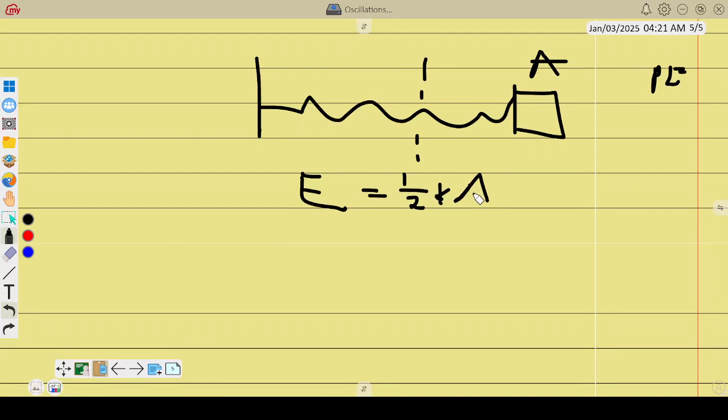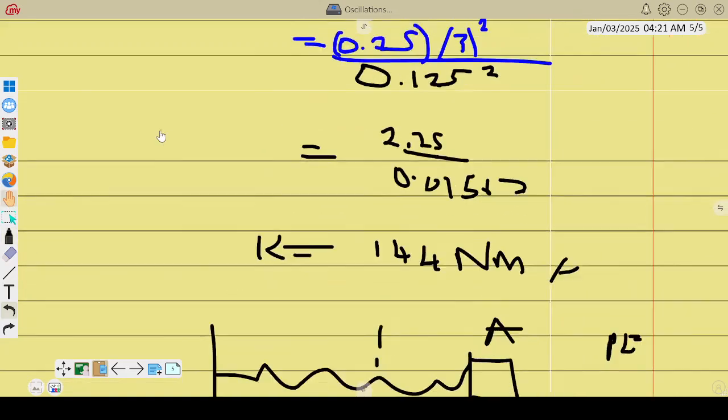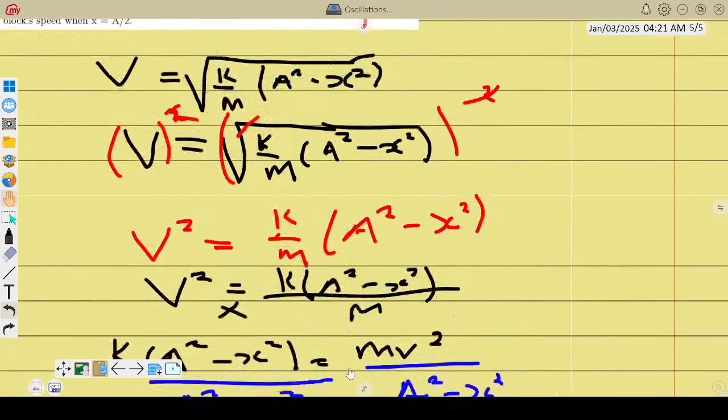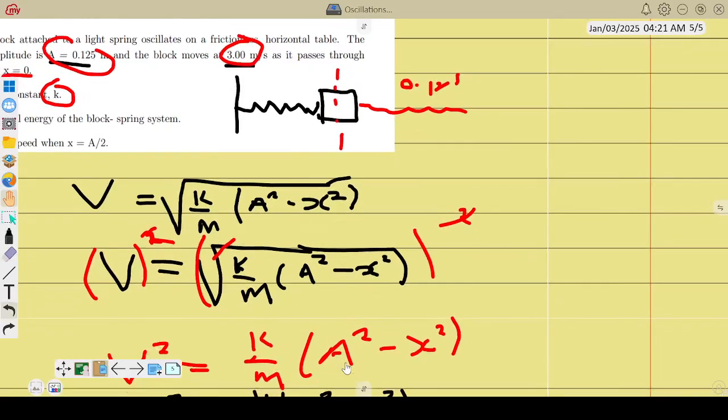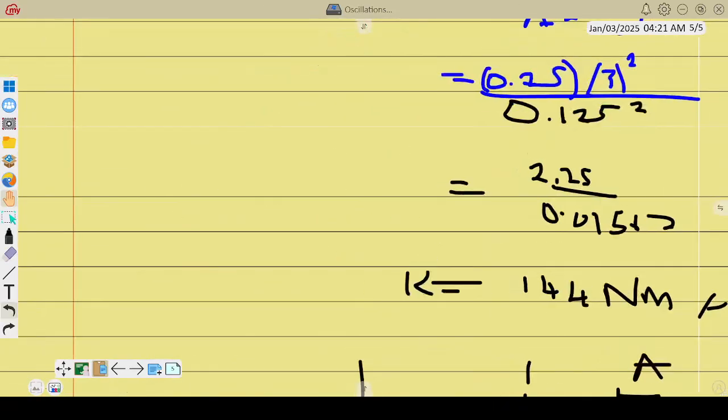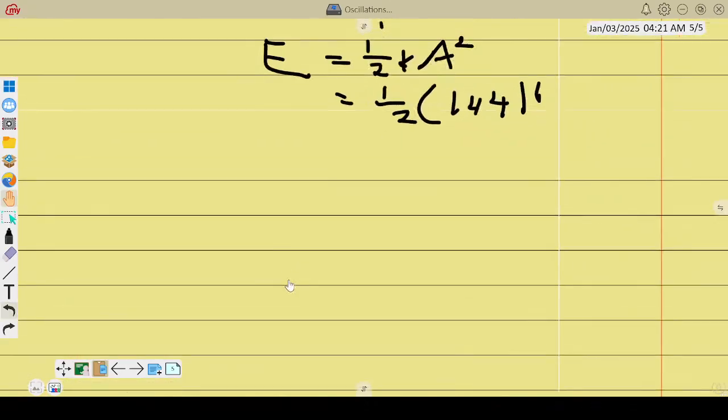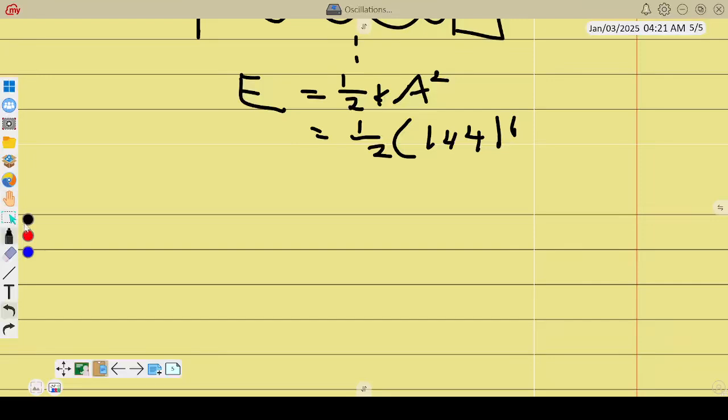So 1 over 2 times 144, the constant, and then the amplitude, what did they tell us? They said the value of a is 0.125, squared.